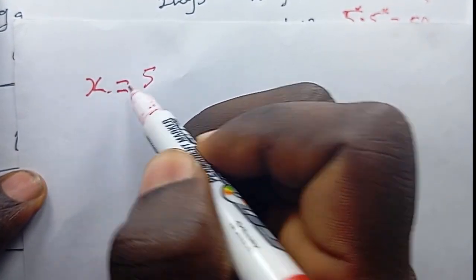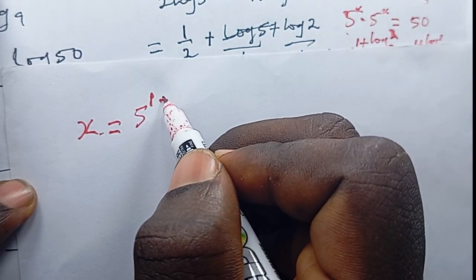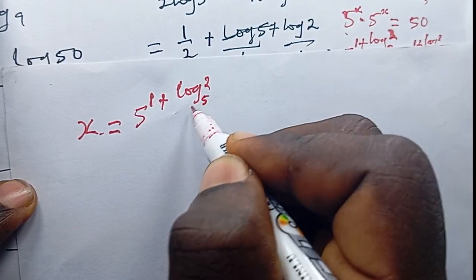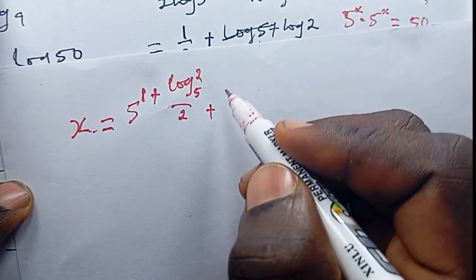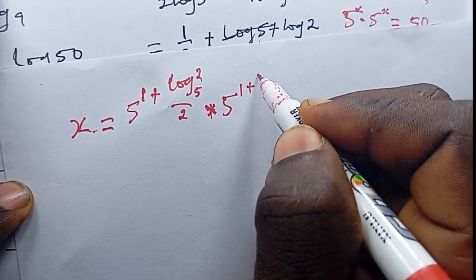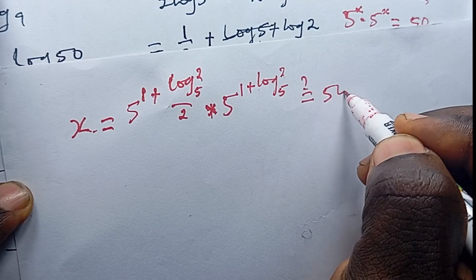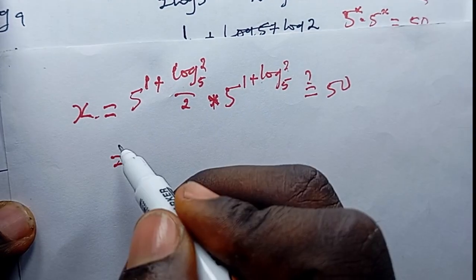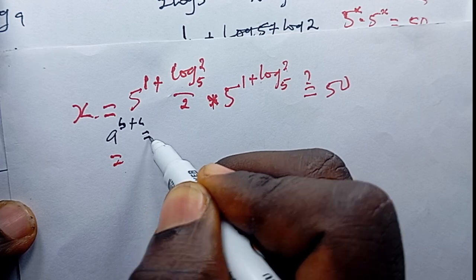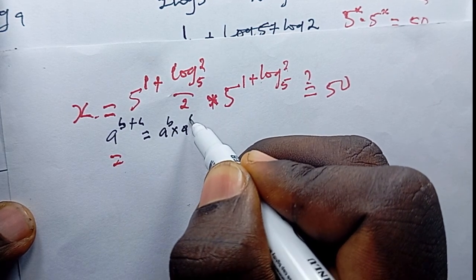Okay, so we can actually continue from here. So we have 5 power (1 plus log 2 base 5) divided by 2, multiplied by 5 power (1 plus log 2 base 5) divided by 2. We want to find out whether it's equal to 50. When you have, let's say, a power b plus c, you can expand this as a power b multiplied by a power c.